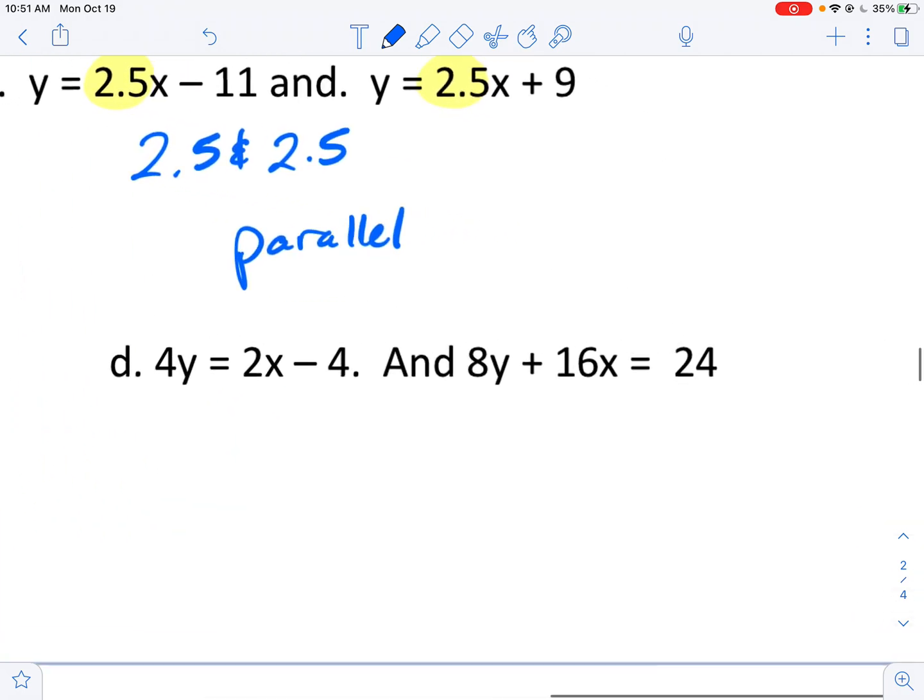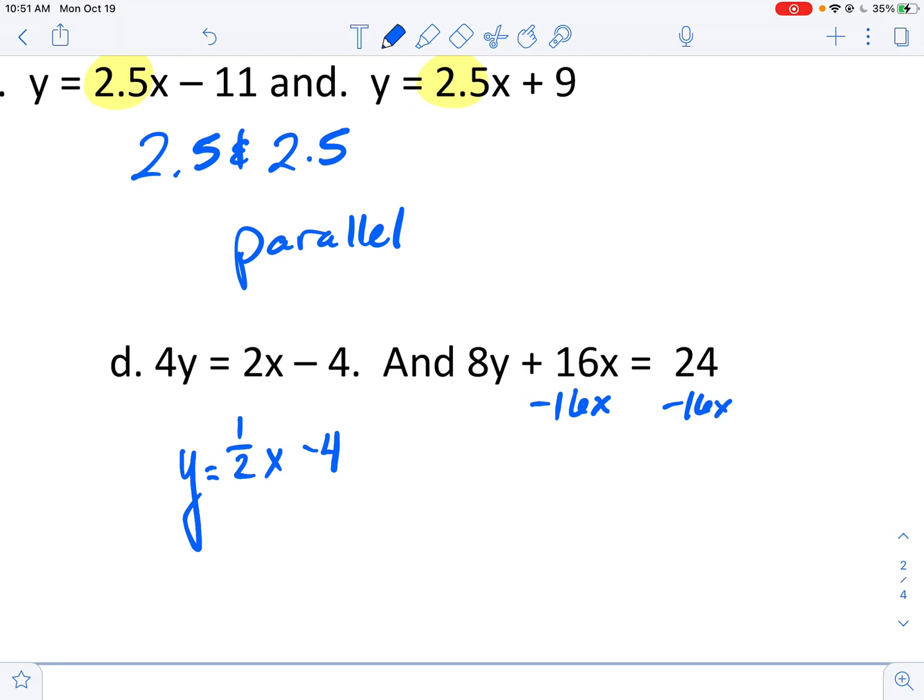And D, I'll simplify. So I'll divide by 4, y equals 1/2 x, or 2 over 4x minus 4. And I'll divide, oh no, I need to subtract this 16x over here. So 8y equals negative 16x plus 24, and then divide by 8.